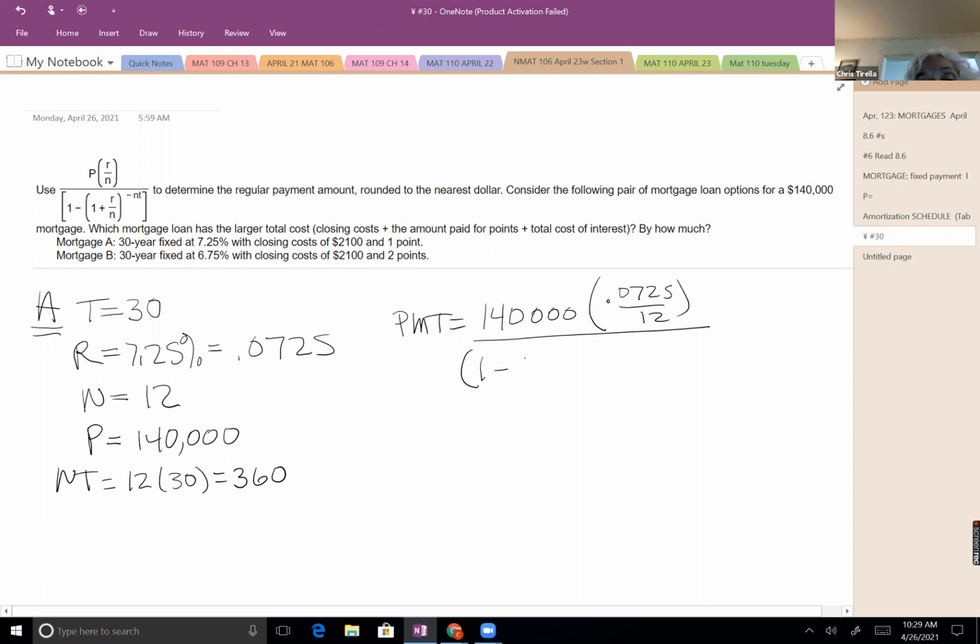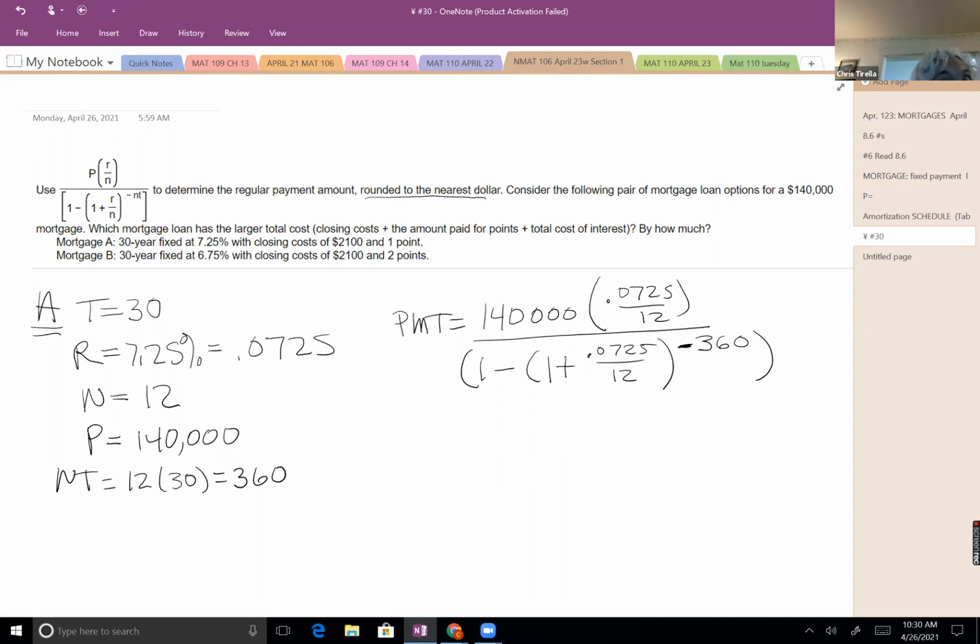Remember, this exponent is negative, so we're raising it to the negative 360. And so here they just say round to the nearest dollar and not round up. So we'll just use our regular rounding rules.